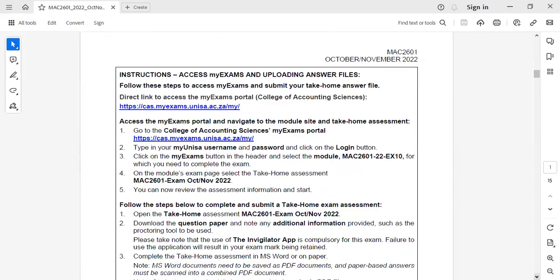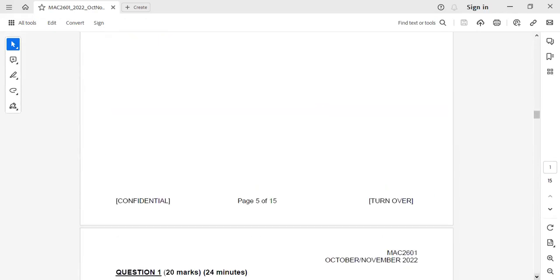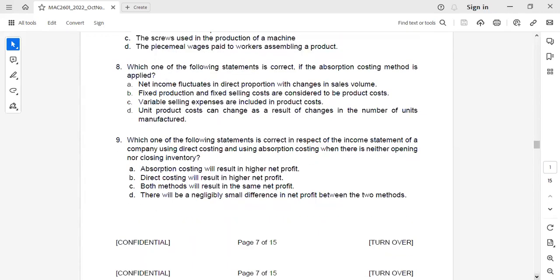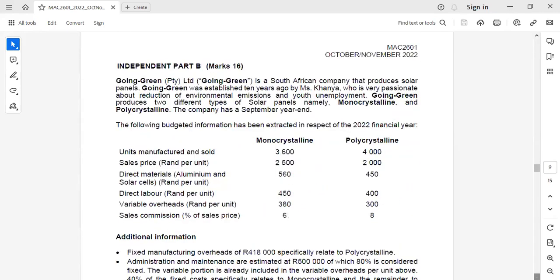Right, so please guys, find time to deal with question 1, which will deal with multiple choice. I'll start from question 2.